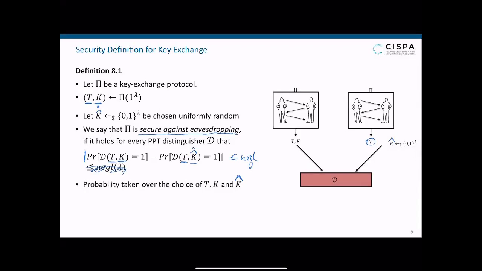So on the one hand side, we're giving him in some sense some minimal resources, namely only a transcript, but his security goal, or his job in the end, is also minimal. He just has to distinguish, right? He doesn't have to compute K. He just has to distinguish K from something uniformly random. Okay.